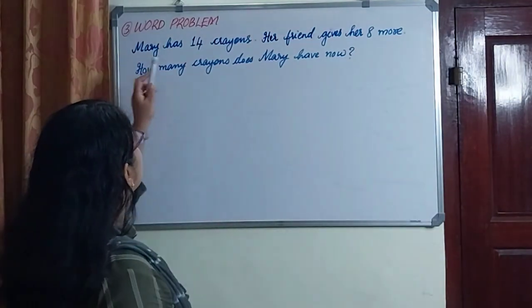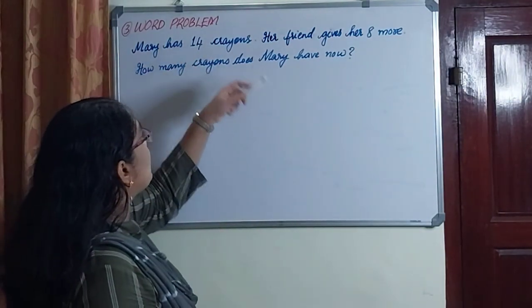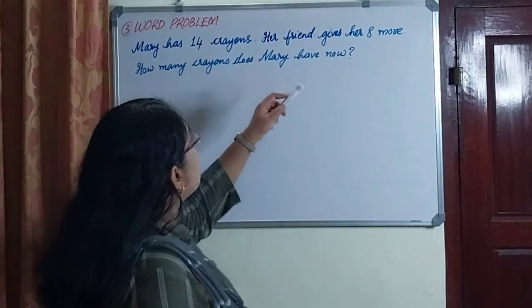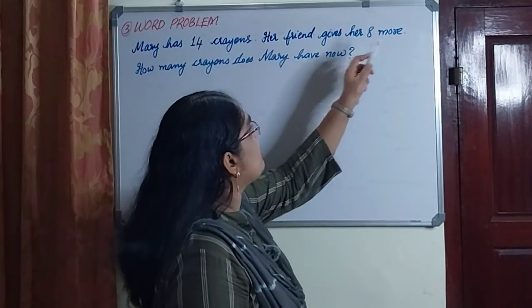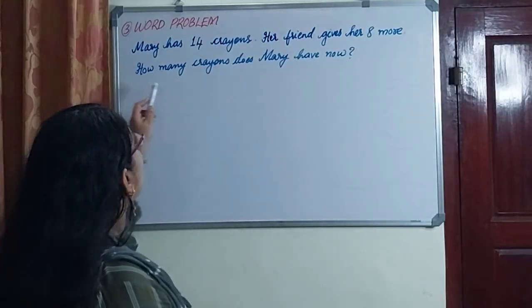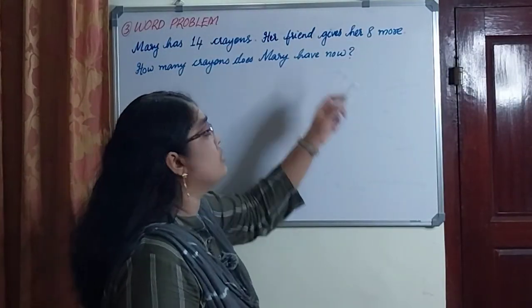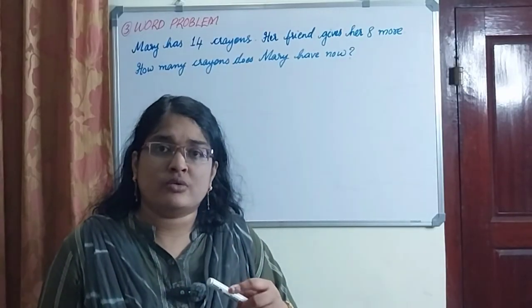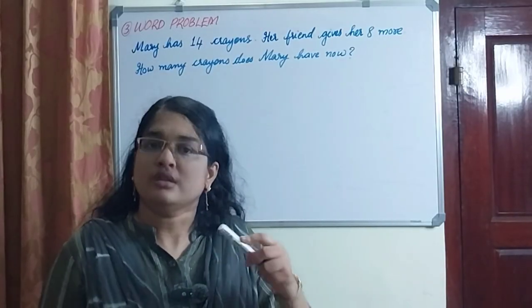Here, the first sentence says, Mary has 14 crayons. A girl named Mary has 14 crayons with her. The next sentence says, her friend gives her 8 more. Mary's friend gives her 8 more crayons. How many crayons does Mary have now? The question is to find out how many crayons are there with Mary now.